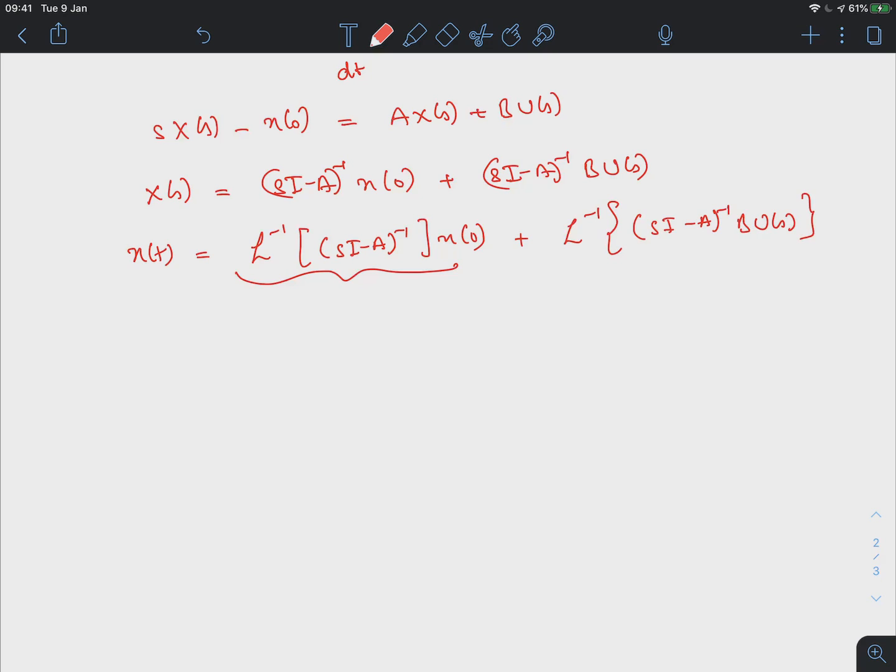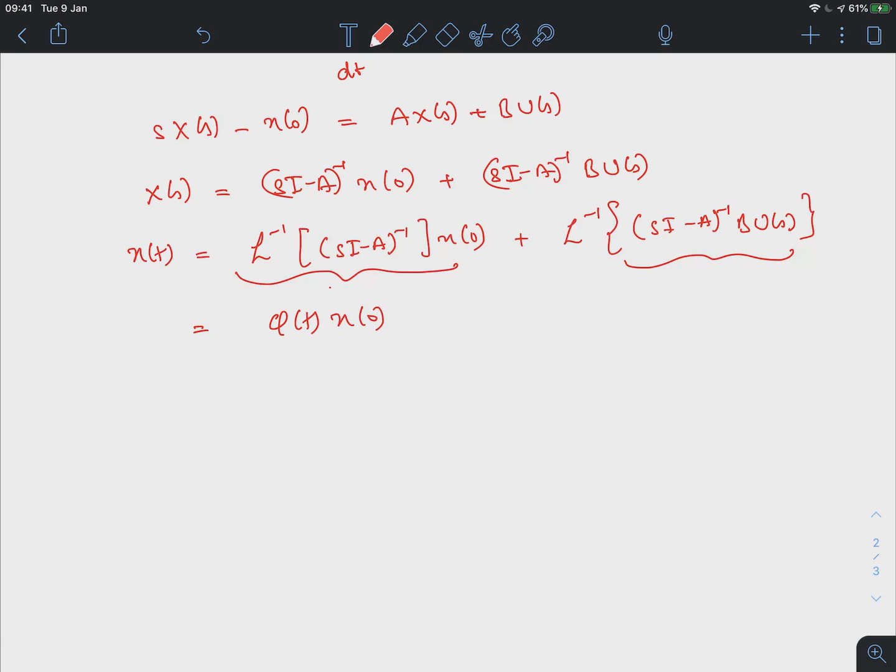Okay, now here I can use the property of the Laplace transform, that here we are doing the multiplication in the Laplace domain, which would become the convolution in the time domain. So the solution of this first term is basically phi of t x naught.